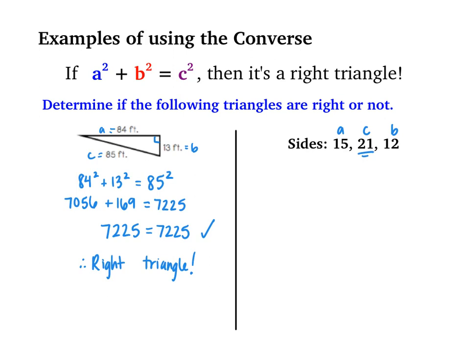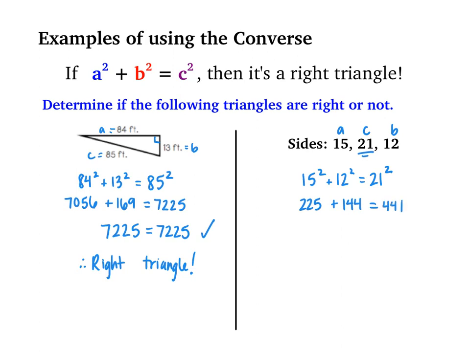I'm going to start the same way I did with the other one, which is plugging those numbers into a squared plus b squared equals c squared. So here I would have 15 squared plus 12 squared, trying to figure out if that equals 21 squared. 15 squared is equal to 225. 12 squared, you can hear my calculator in the background, is 144. And I'm trying to see if that equals 21 squared, which is 441.